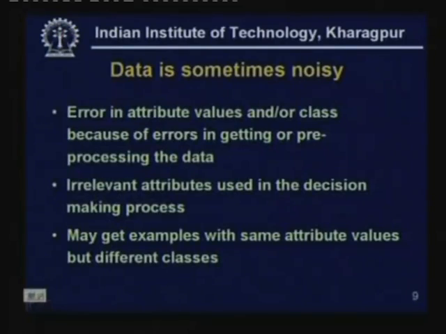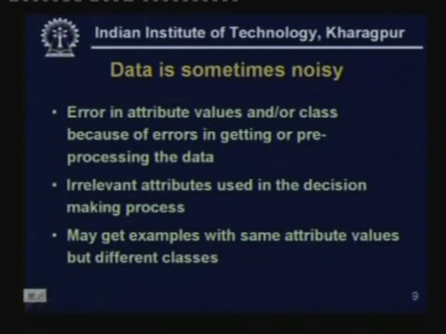Secondly, sometimes we do not choose the feature set properly, and our data set includes many features which are actually irrelevant to the classification task. The values of these features do not affect the actual classification. So, such attributes actually introduce noise in the classification process.